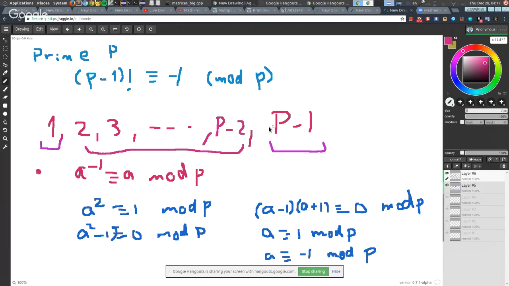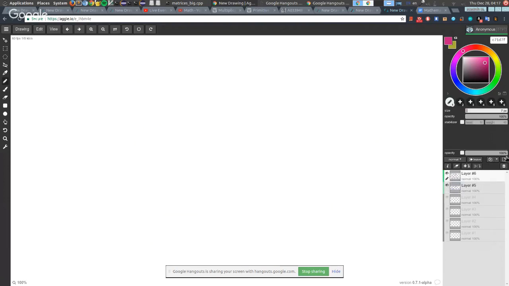So this is the first statement, and the second would be that the inverse of a is actually a unique number, and this we already know from the modular inverse theorem.